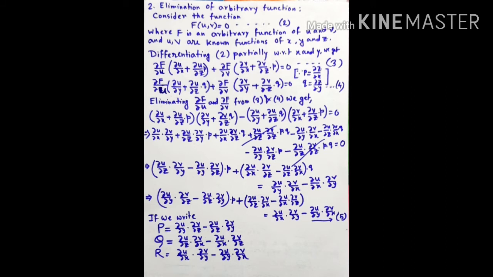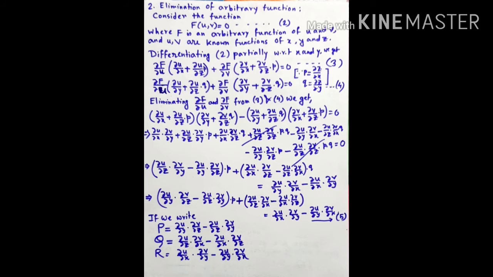So we can write (∂u/∂z · ∂v/∂y − ∂u/∂y · ∂v/∂z) p + (∂u/∂x · ∂v/∂z − ∂u/∂z · ∂v/∂x) q = ∂u/∂y · ∂v/∂x − ∂u/∂x · ∂v/∂y. Now we take the minus sign on both sides.